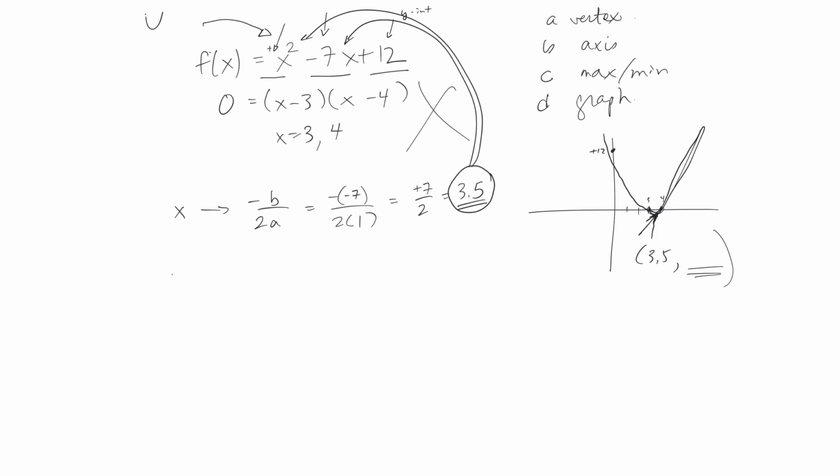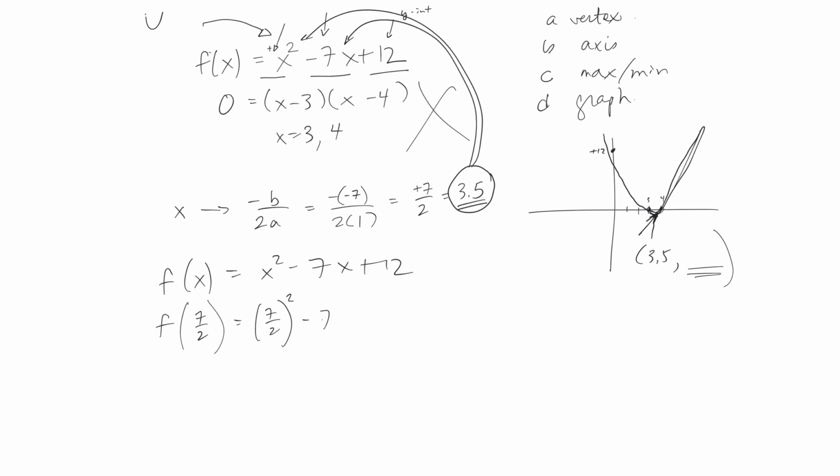So here's my function, f of x equals x squared minus 7x plus 12. And I'm going to figure out what the value of the function is when I put a 3.5 in there. Maybe I'll make it a 7 over 2. It's the same thing. I'll just leave it in fraction land.